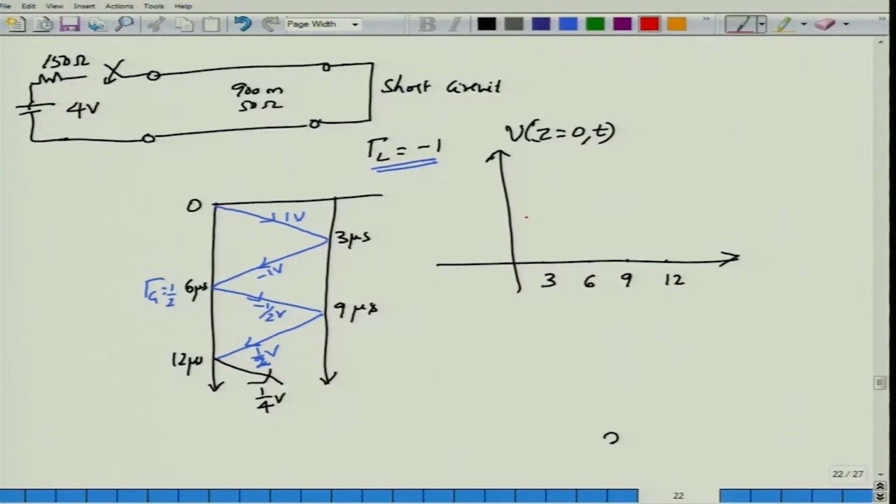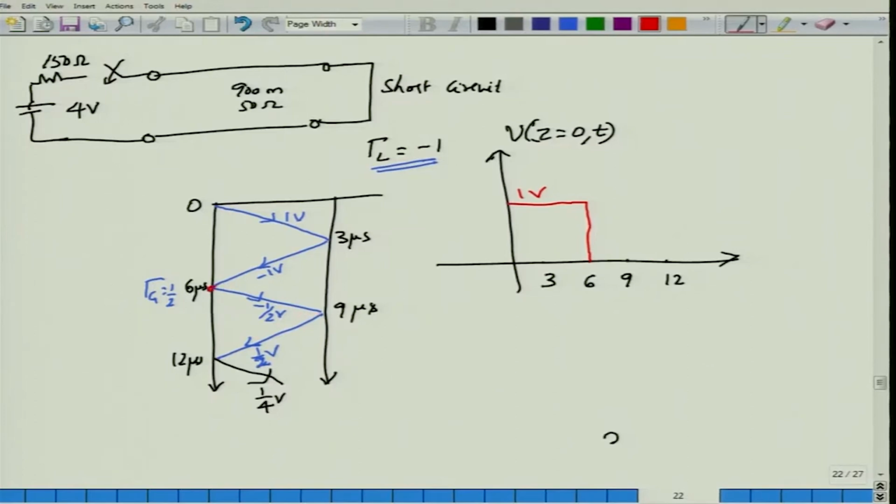At 0 you have launched a 1 volt, which begins to propagate. At 6 microseconds you have received a minus 1, so 1 minus 1 will make it 0. That is what you would initially think. However, there is also a minus half volt generated from the generator end and that begins to propagate.